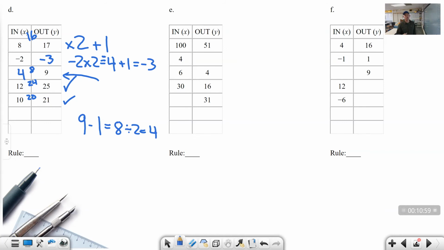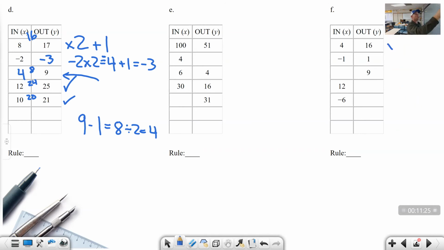The first strategy to do these problems is guess and check. Okay, so let's go ahead and you're going to do letter E on your own, guess and check, and I'll do letter F because guess and check. Add 12? No. Add 2?